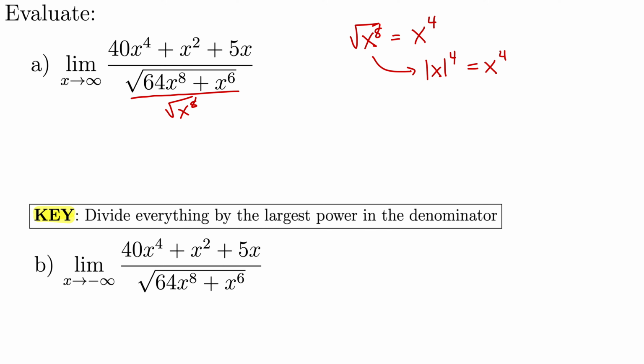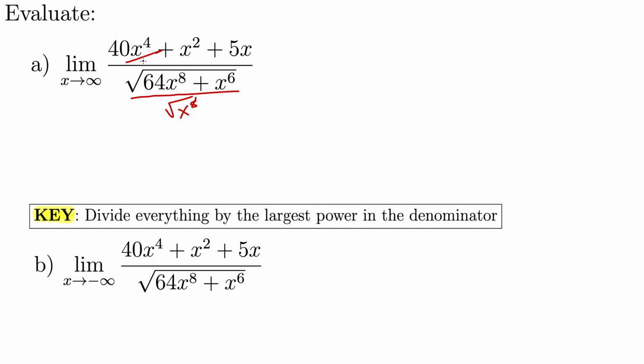We have to start thinking about this absolute value. Why is it absolute value of x? Where did that come from? Well, remember that the square root of x squared is absolute value of x. So we need to be real careful when we start working with these square roots of even powers of x. It doesn't matter in this video, but I want to mention it because it will matter in future videos.